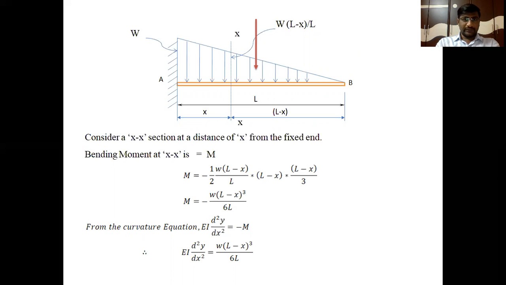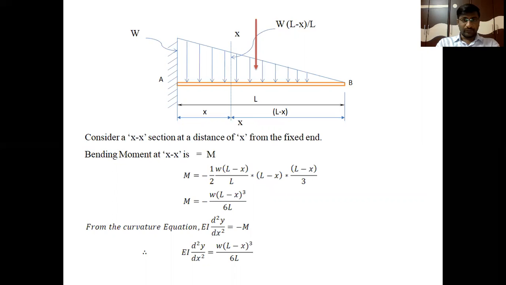First of all, we have to find the bending moment at this XX section. After finding the bending moment, substitute that value in the curvature equation we derived in the previous classes. By solving that curvature equation, we will get slope and deflection equations.